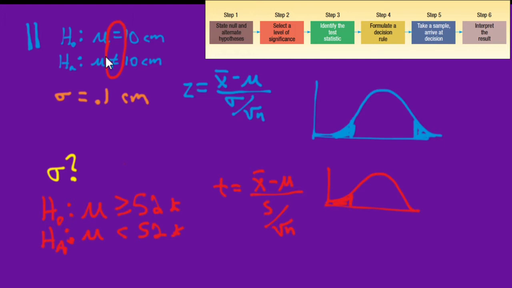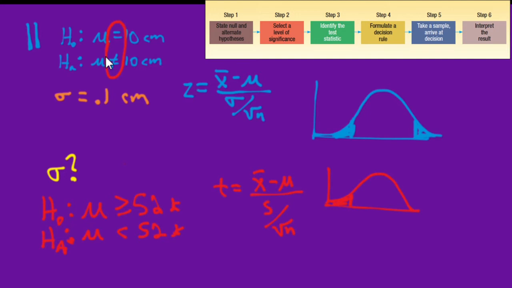And at this point, in some sense, you can think about it as setting up what z-score is going to be sufficient to reject the null.